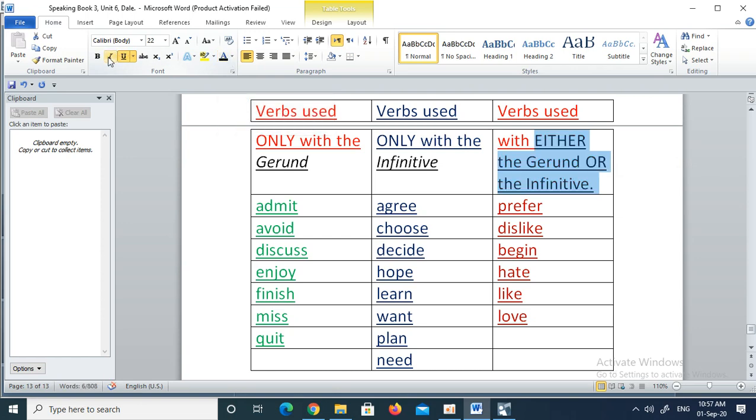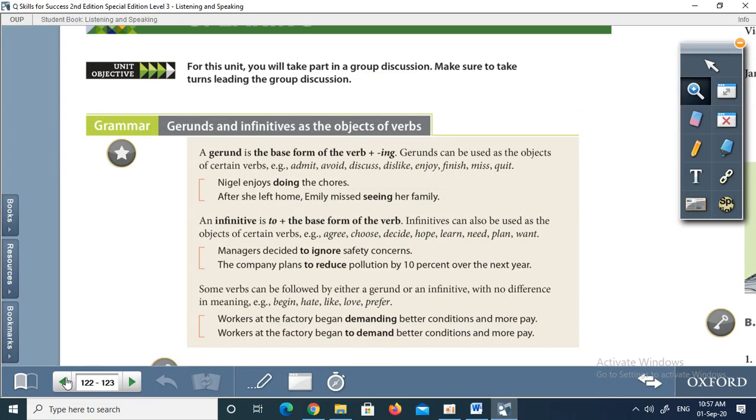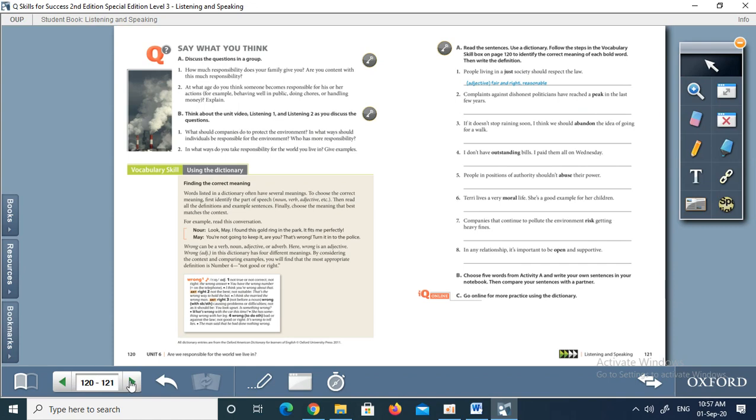Where the main verb is prefer, dislike, begin, hate, like, or love, it will take both the gerund and the infinitive.